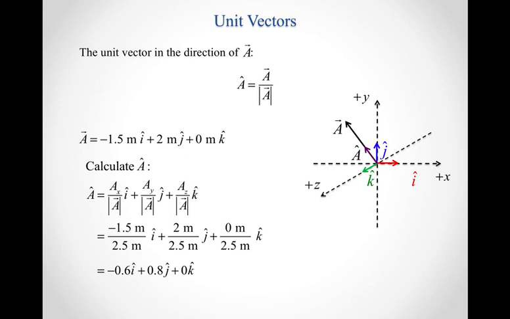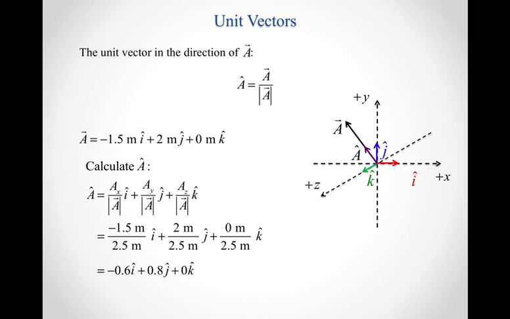Divide one by the other, I get 0.8 for the y component of the unit vector. Again, 0 was the z component of vector A, so when I divide by the magnitude, I still get 0 as the z component for the unit vector. So my unit vector is the vector negative 0.6 I hat plus 0.8 J hat plus 0 K hat.